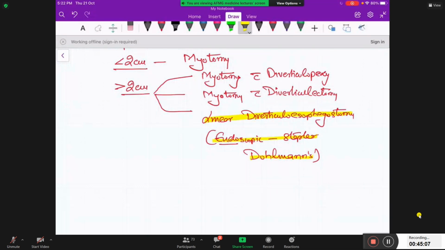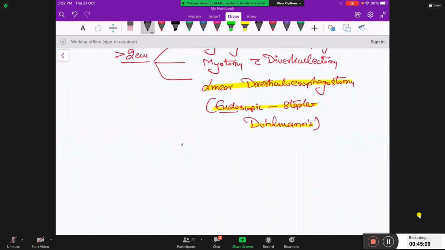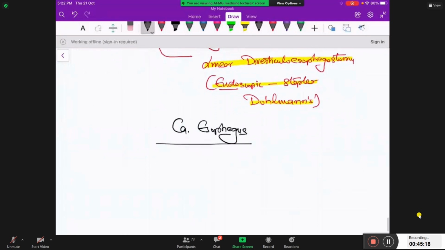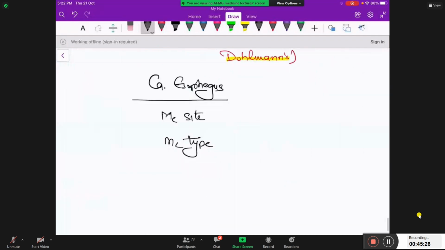Okay. Now then comes carcinoma esophagus. Most common site, most common type.